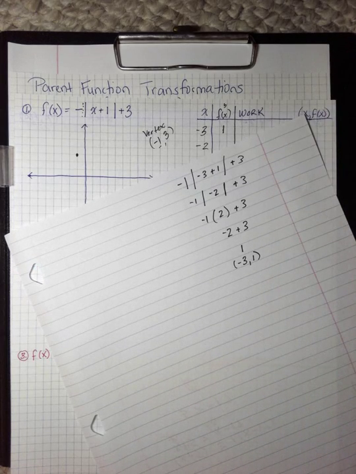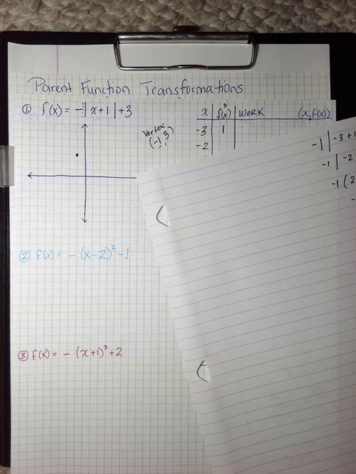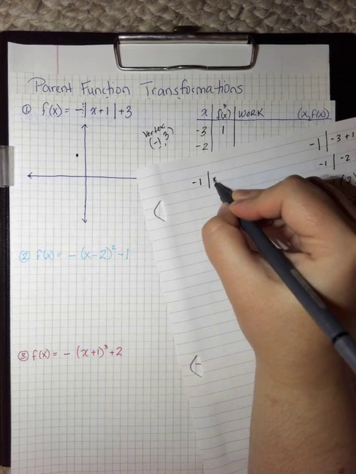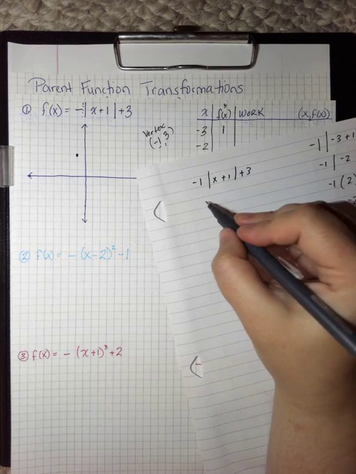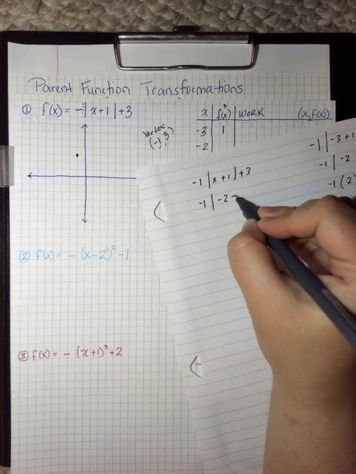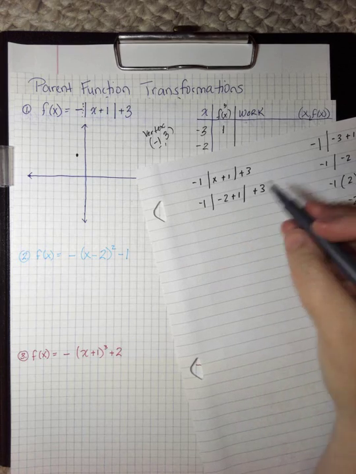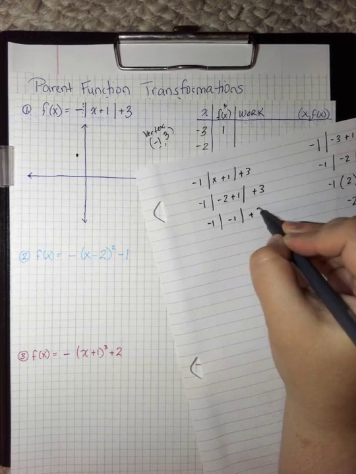Okay, I'm going to show you again, but I'm going to do it with a -2 this time. Again, still using my scrap paper. There's more room here to show you the work, and I can write bigger. So here's my function. In place of the x, I want to plug in my -2. PEMDAS says parentheses. The bars are just like parentheses. So -2 plus 1 is a -1.